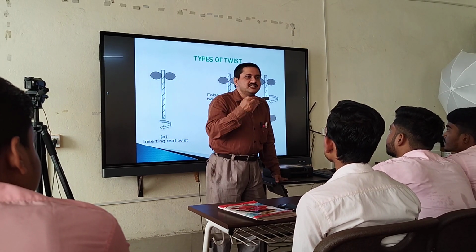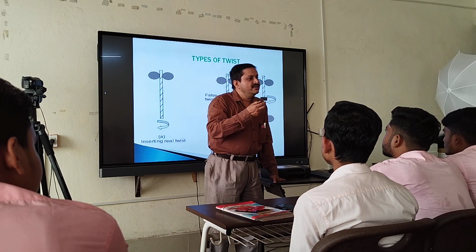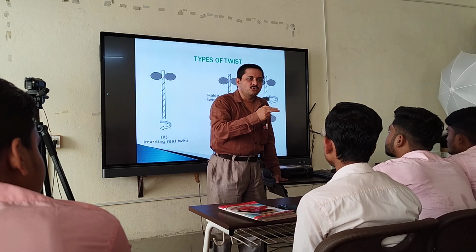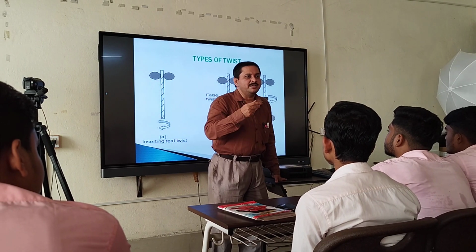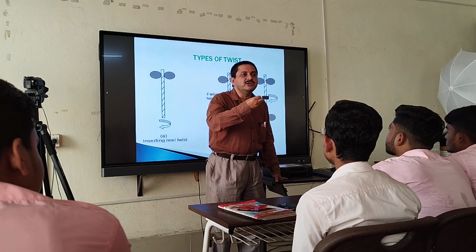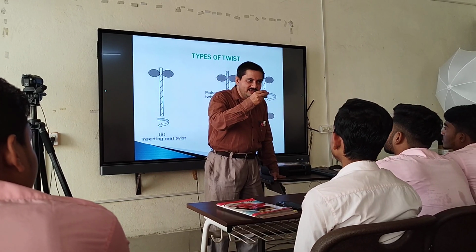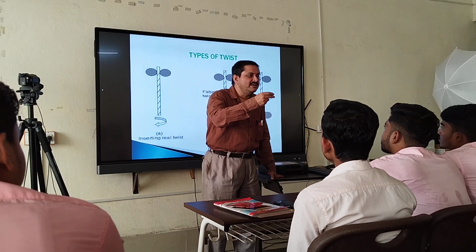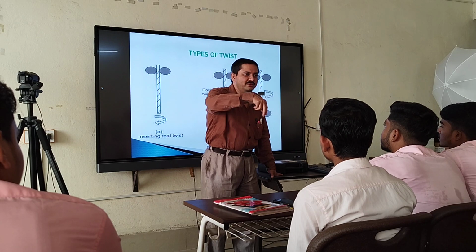But the textile material is very flexible. So mathematics says zero, but some residual twist will be there within the fiber strand, helping to hold the fiber strand, and ultimately it is helping to make the bobbin.